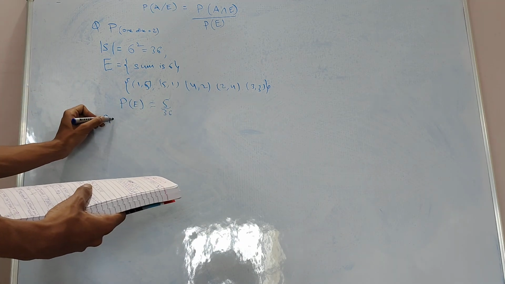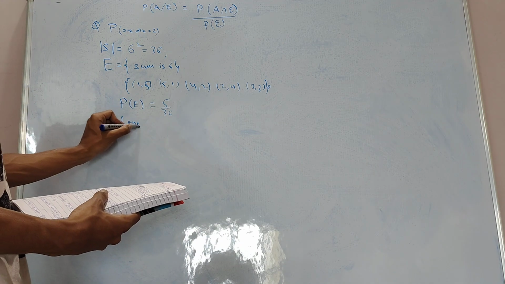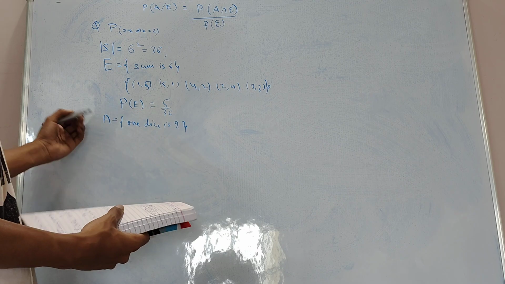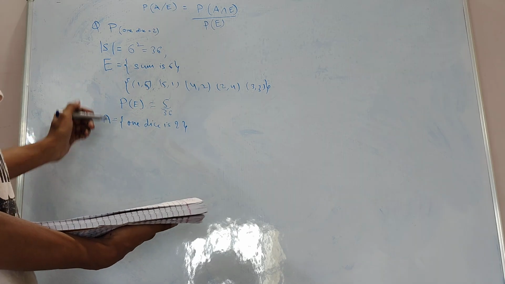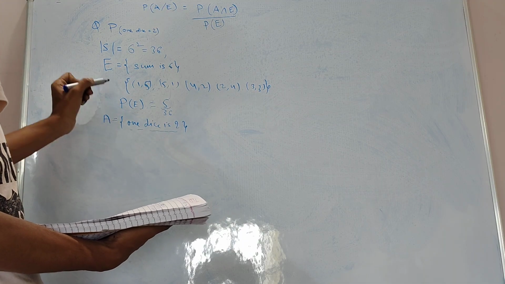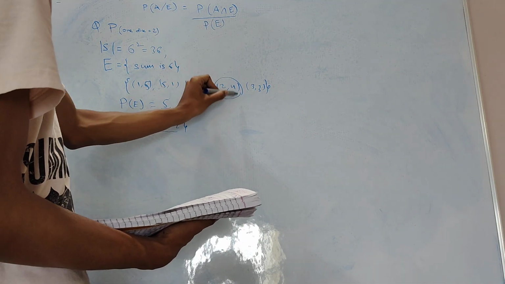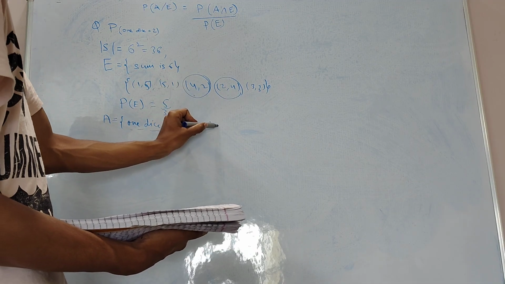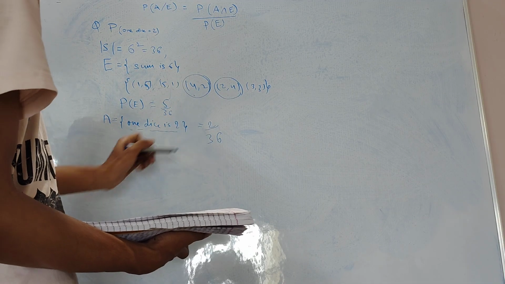Now A is the event in which one dice is 2, right? So one dice is 2 will be this and this, so it will be 2 by total sample space 36.